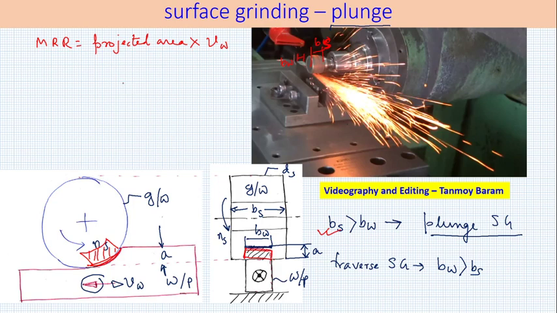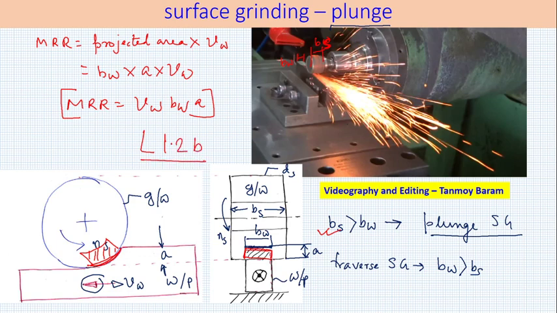So the projected area is Bw into A, and the material removal rate is Bw into A into Vw. This we have used in one of the classes, possibly lecture 1.1, and in lecture 1.2b this was derived as well, drawing a similarity between slab milling and plunge surface grinding.